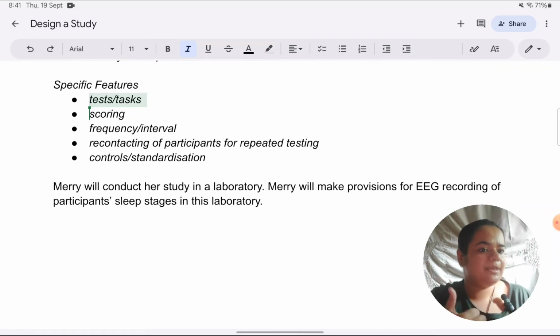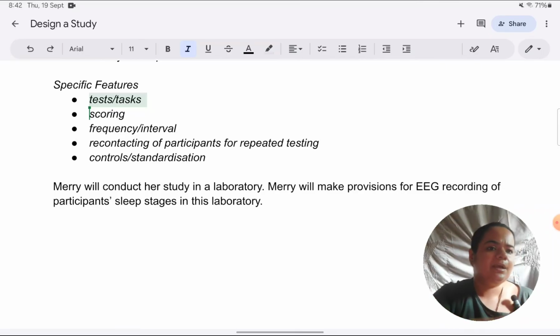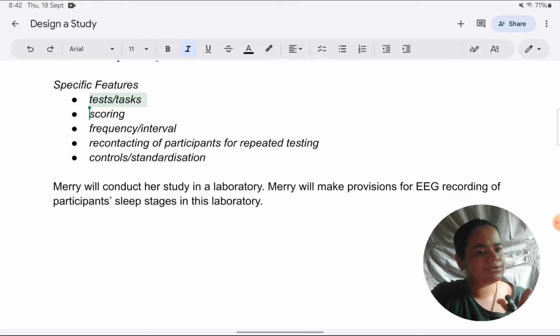So, what should I make them do such that I can know how long they spend in REM sleep? The answer is very obvious. I need them to come to the laboratory, sleep over there, so that I can attach them to the EEG machine and see how long they are spending in the REM stage. Again, taking inspiration from Dement and Kleitman's study. So I just need to specify that next.